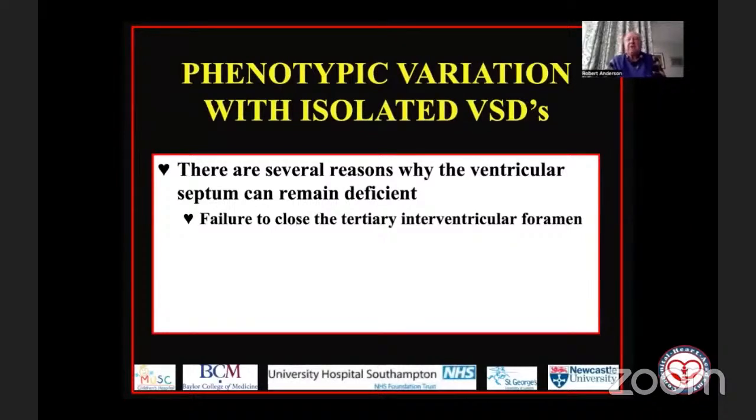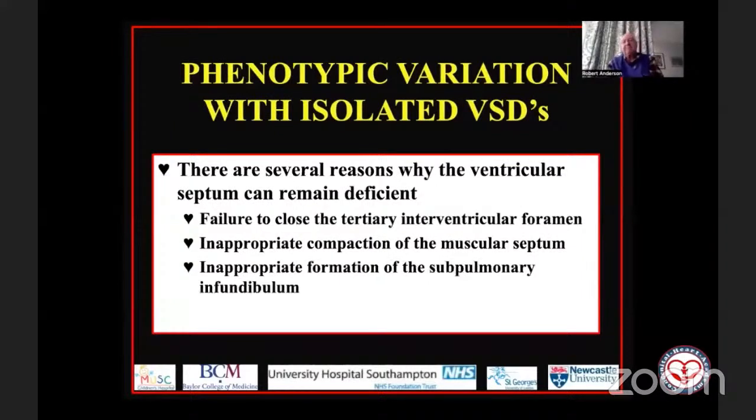So why can we find this phenotypic variation? There are three main reasons. We're going to start off by discussing the failure to close the tertiary interventricular foramen. But we can also have channels between the ventricles because the muscular ventricular septum has not been formed by appropriate coalescence of the trabeculations which make up its larger part.